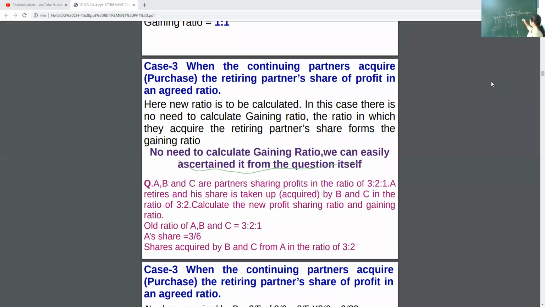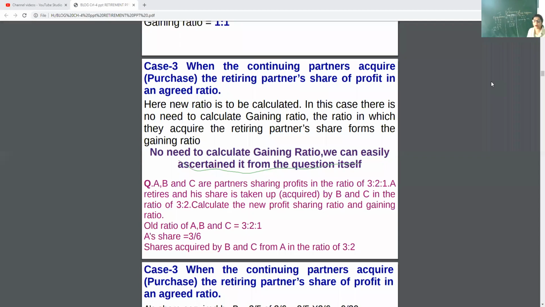In this question, additional information is given: the old ratio of A, B, C is 3:2:1. Now A retires and his share is taken, purchased or acquired, any language may be there, in 3:2.